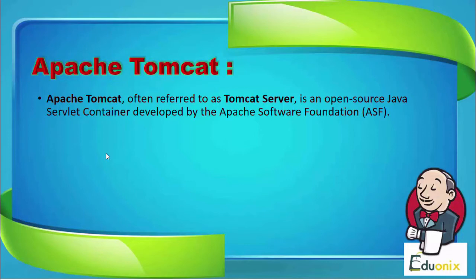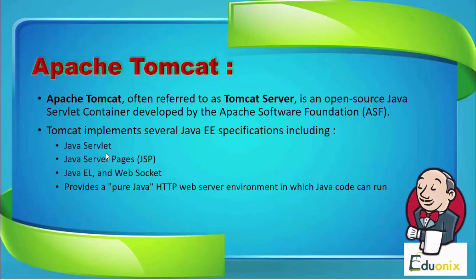Apache Tomcat provides several JEE specifications, including Java Servlet, JavaServer Pages, Java EL and WebSocket, and also provides a pure Java HTTP web server environment where you can run Java code as well. Here we are going to see how to download Apache Tomcat and integrate it with your Jenkins.